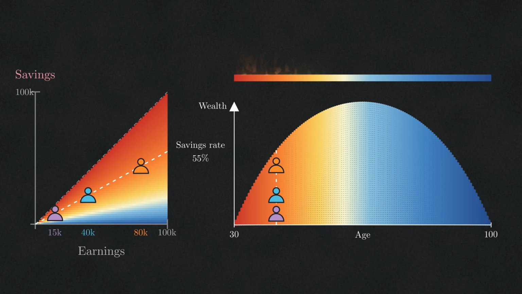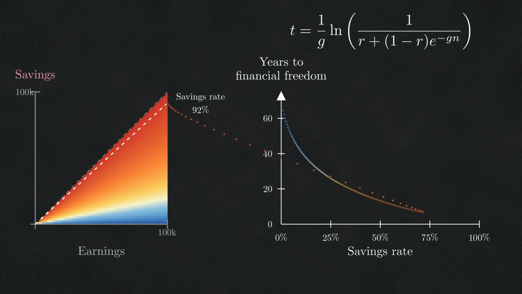Using our color map, let's see how quickly we can reach financial freedom for a given savings rate. And if we plot our equation, we can see it matches exactly.